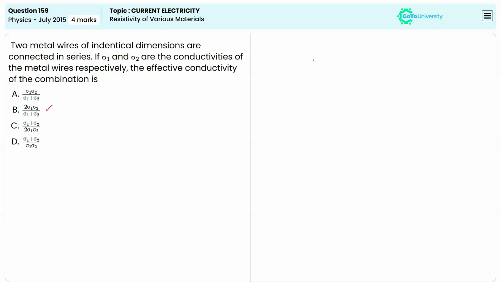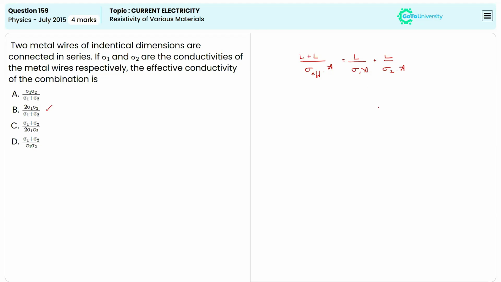For two identical wires with the same cross-sectional area and length, the effective conductivity can be found with the relationship: L plus L divided by sigma effective times A is equal to L divided by sigma 1 A plus L divided by sigma 2 A.